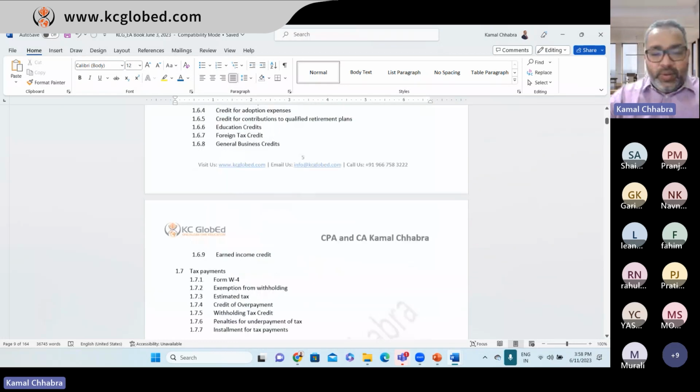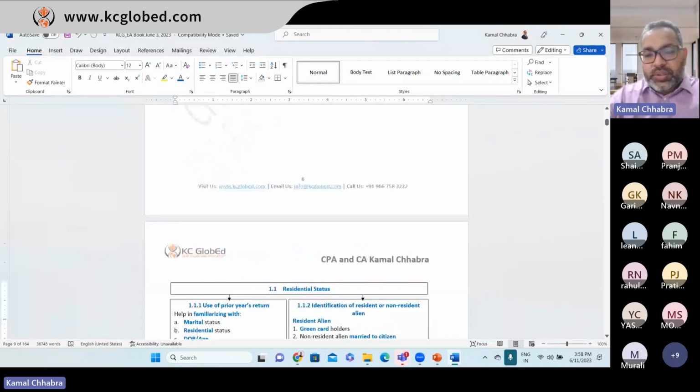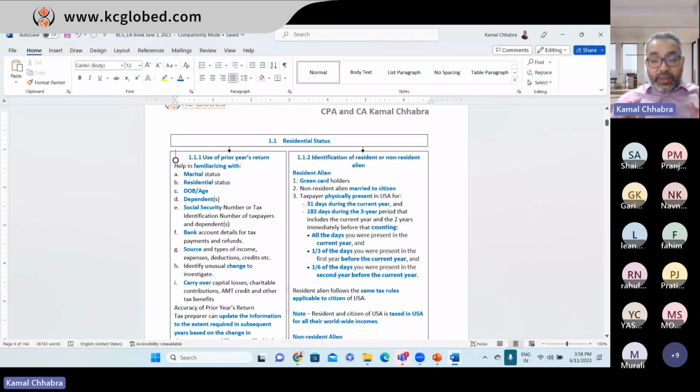Like such, I'll be sharing personalized notes here. In the notes, each note is extremely exam focused. If you see this entire individual taxation, I have condensed it into 164 pages. Nowhere on earth is there any book or course content material which is so concise and precise, to the point from the examination perspective.